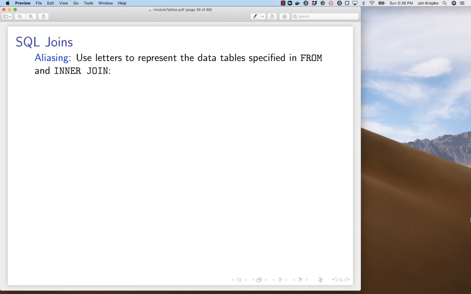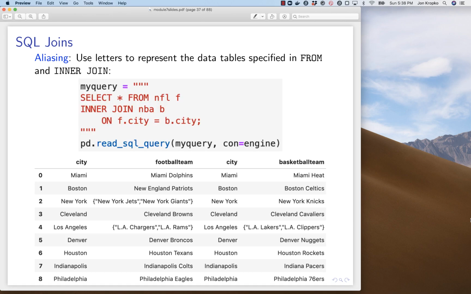Now, before talking about the other joins, we can talk about aliasing. To alias a data table in an SQL join means you're going to use a letter to represent that data table. You're going to use that letter throughout the query. So the same exact query that I just showed you is this with aliases.